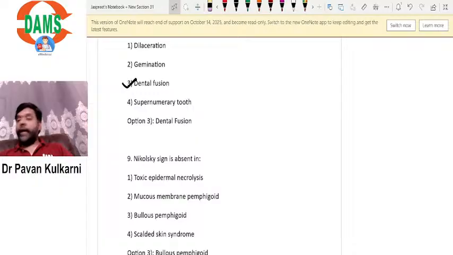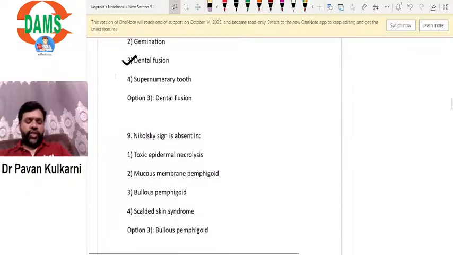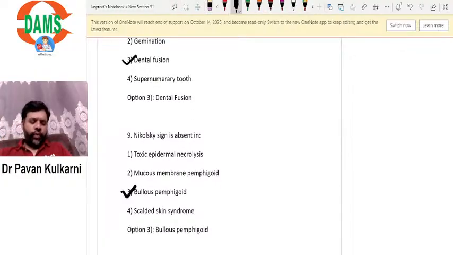Epidermolysis and erythema multiforme also show Nikolsky sign. A type of pemphigoid which affects the oral cavity or conjunctiva, that is mucous membrane or cicatricial pemphigoid, is characterized by Nikolsky sign. Remember, the one type of pemphigoid which does not affect the oral cavity or mucosa is bullous pemphigoid.